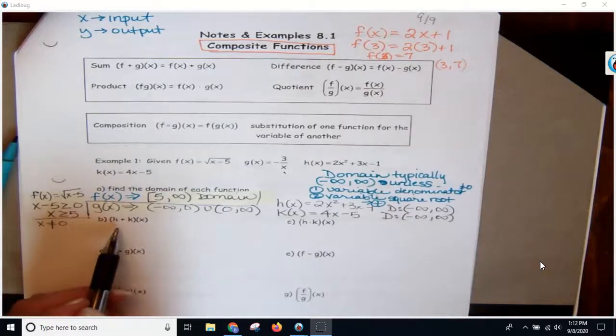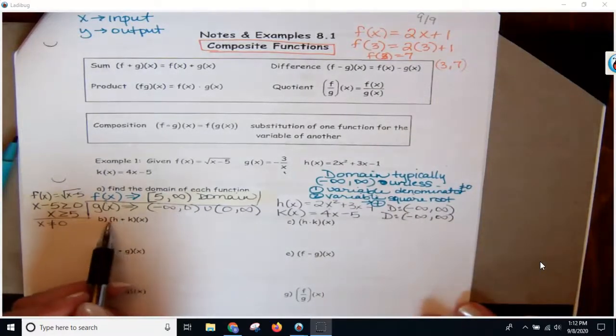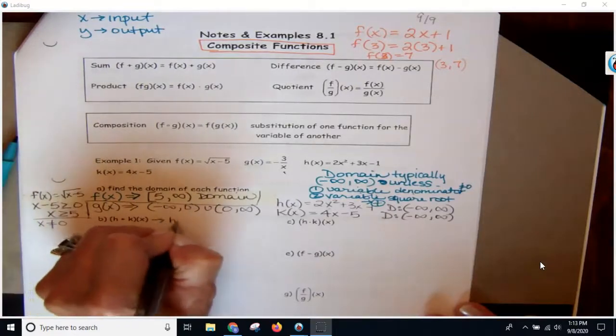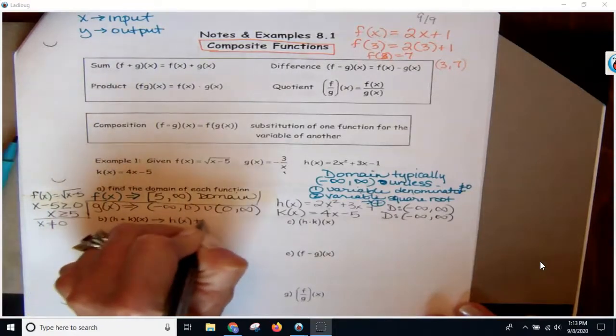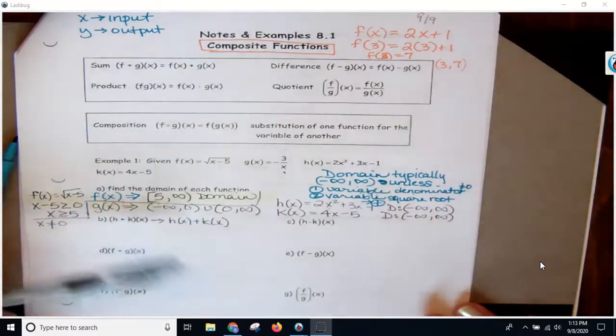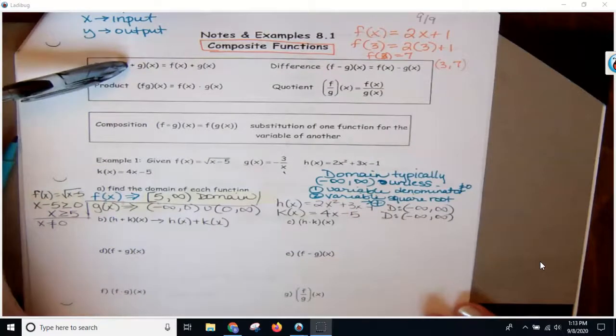What about when we do this? This is telling us the function of h plus the function of k. So we can basically rewrite this as h of x plus k of x, if you want to write it that way. Those are the same. It shows us right up here.